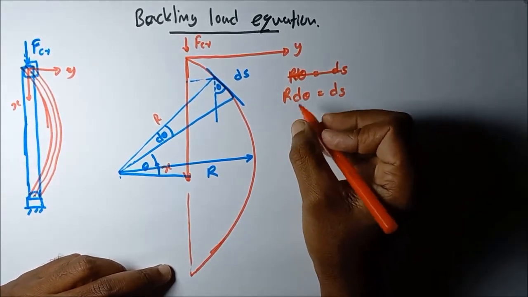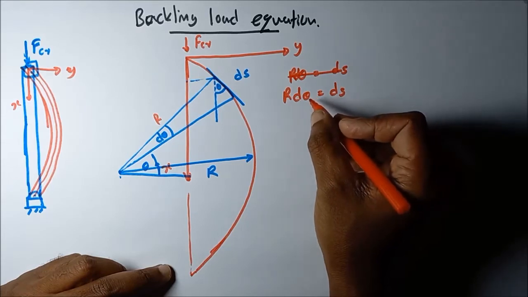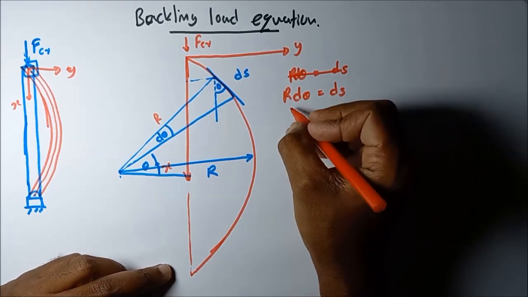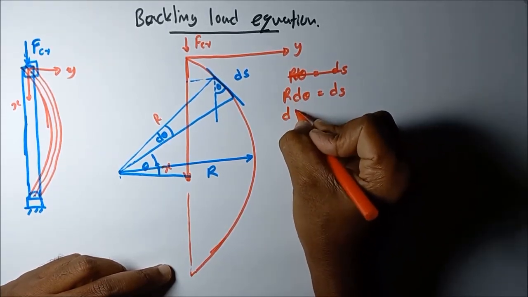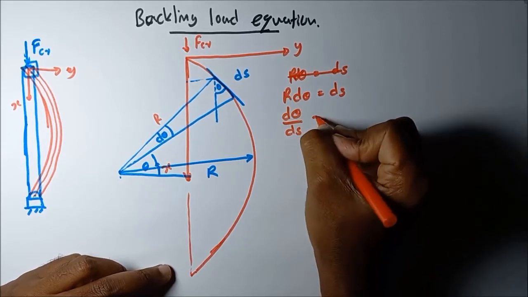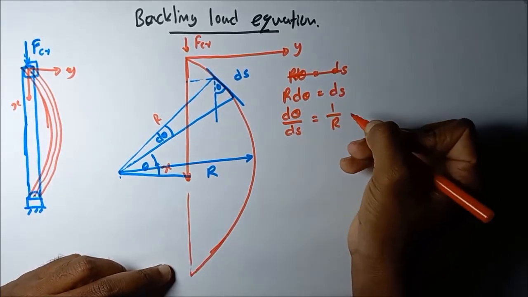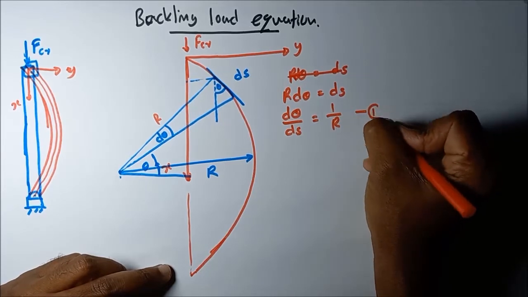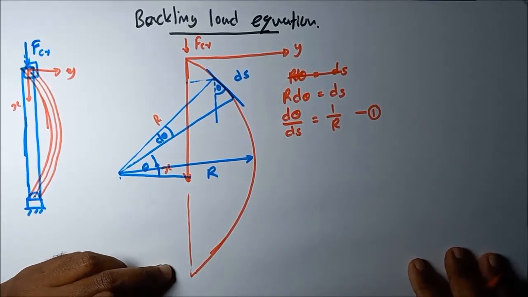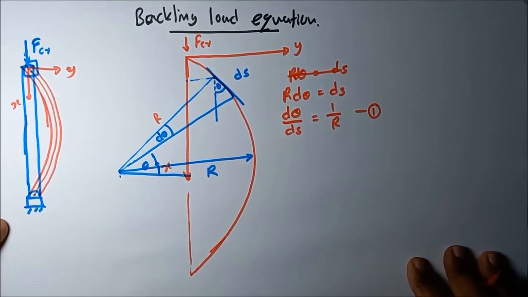I'm going to divide the equation by ds, making d theta divided by ds equal to 1 over r. Let's take this equation as equation 1.